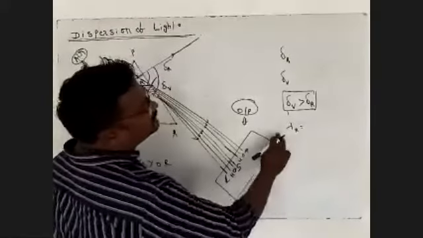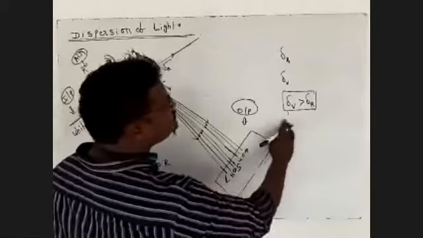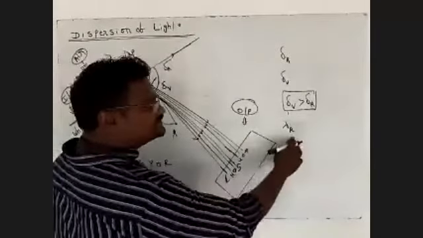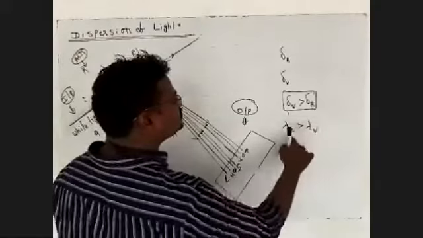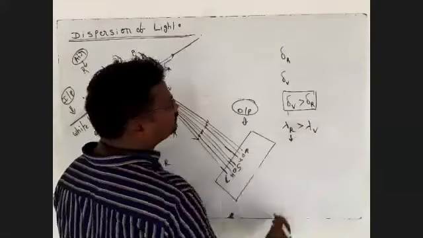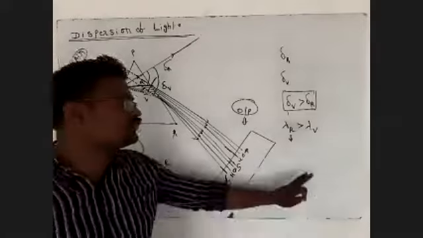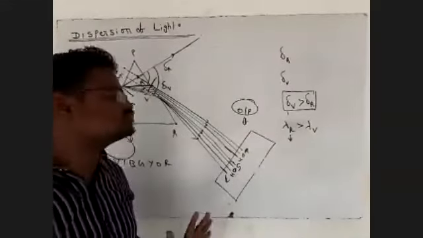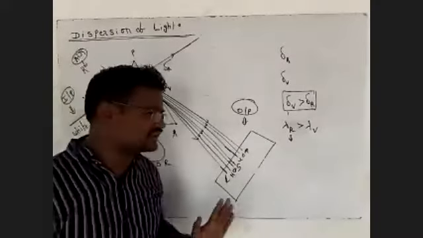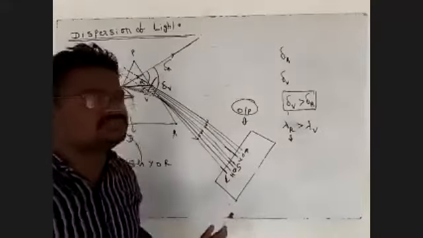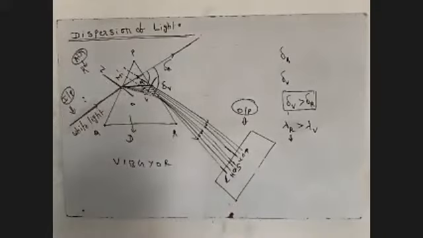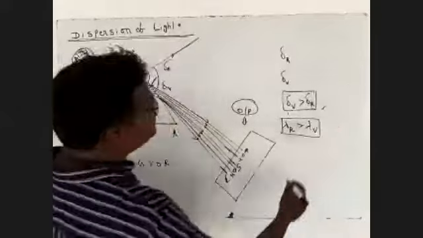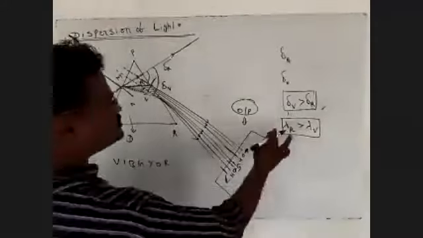Red color has a longer wavelength, so the wavelength of red is greater than the wavelength of violet. Red has a wavelength of about 6,900 angstrom, and violet has a wavelength of very nearly 2,500 angstrom. So that is the wavelength of the colors, and this is the deviation.